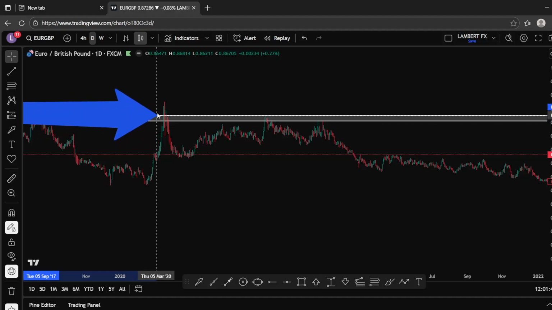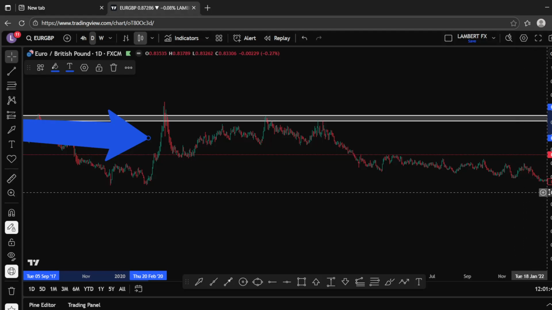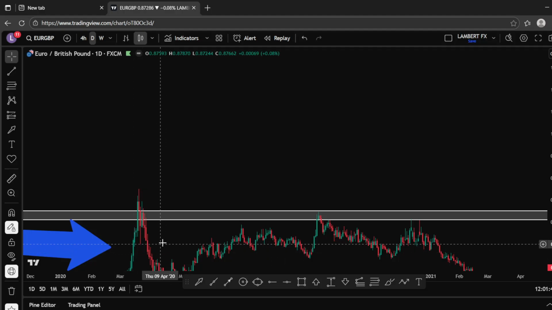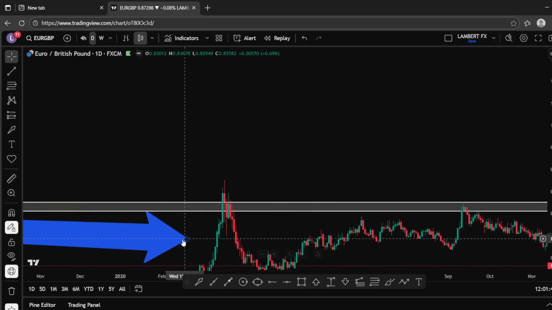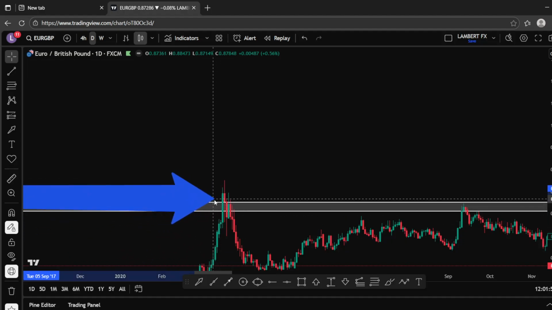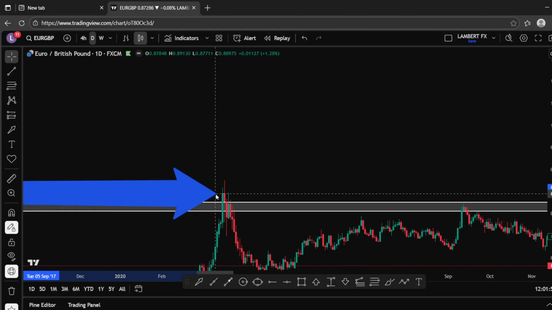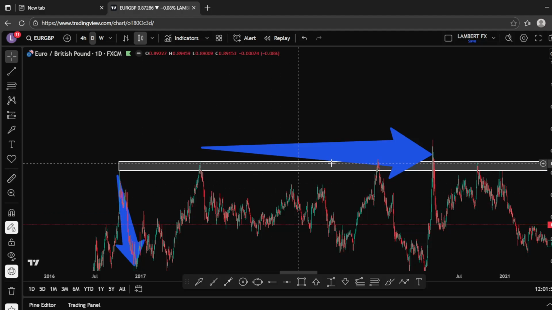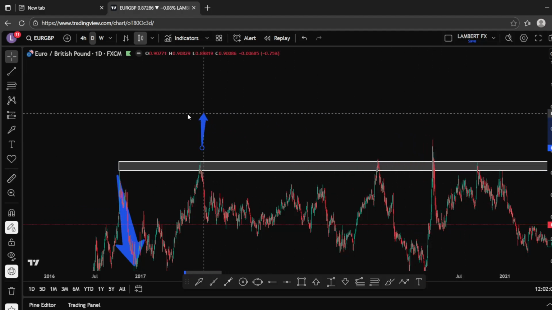Like I always say, when they break out to the upside, they break out with big volumes. They break out with engulfing candles. Did you see that engulfing candle? What you need to understand is this is a level that they use to manipulate us.